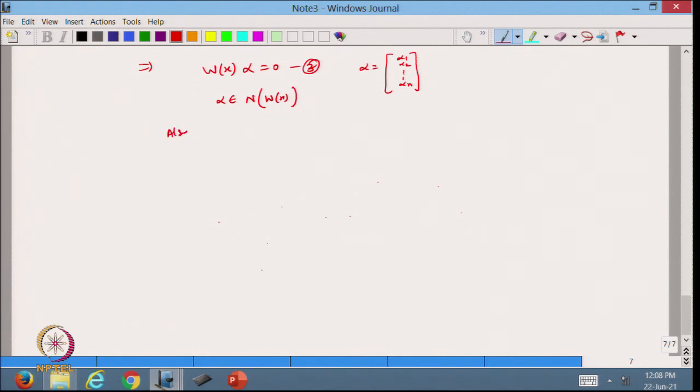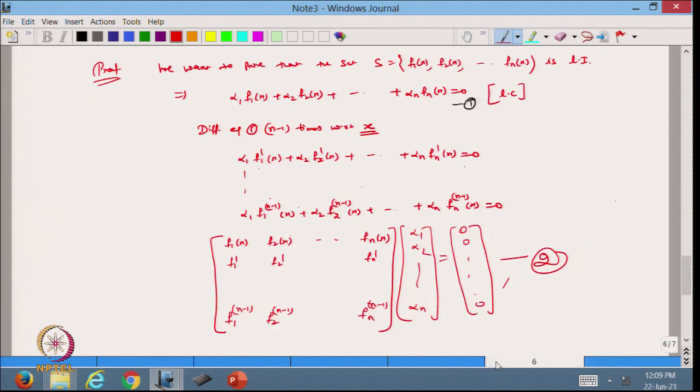Also, it is given to me that for x equal to x naught, alpha belongs to the null space of W(x naught), because it is true for all x. So, if I choose just x equal to x naught, then definitely alpha will be there, but the null space of W(x naught) is just the zero element.